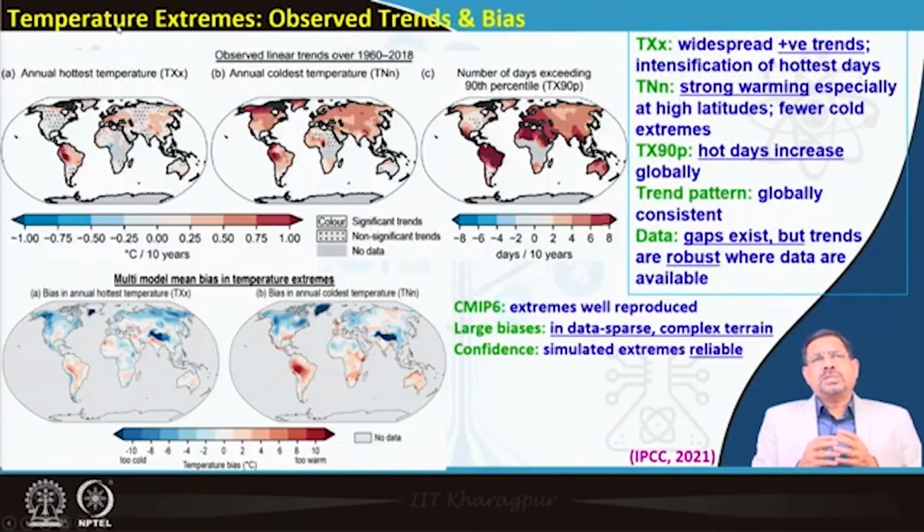Now, having understood this, we have interpreted it in various ways in terms of cold, hot and extreme event variations. Now, let us understand the observed trends and the biases within them. Friends, in the upper two panels on the left, you can see the annual hottest temperature, with widespread positive trends and intensification of hottest days, and the annual coldest temperature, with strong warming especially at high latitudes and fewer cold extremes.